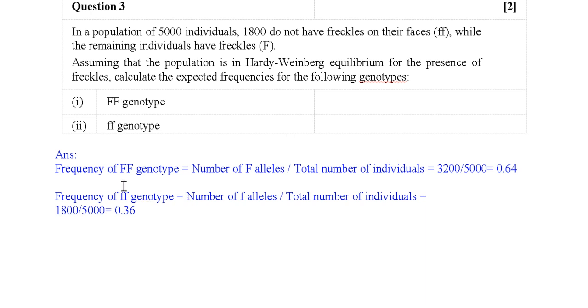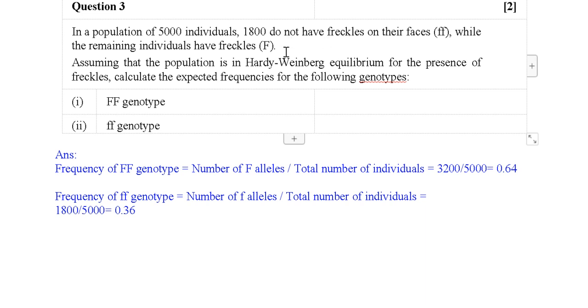So how can we estimate or determine the frequency of the FF genotype? In this case, there is the formula: number of F alleles divided by total number of individuals. As given, the total number of individuals in the population is 5,000, and the small f value is 1,800, where freckles are absent.